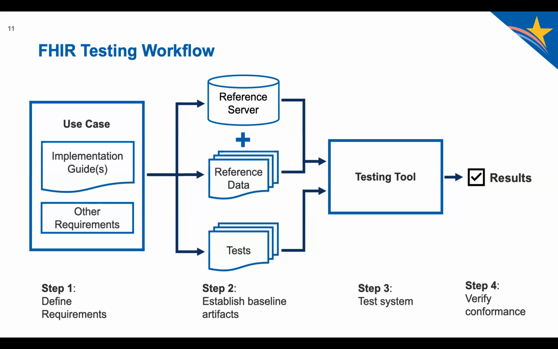And third are the conformance tests, which are used by a testing tool to show a system is conformant to the requirements. A testing tool such as Inferno may contain all of these testing artifacts to support testing system conformance.